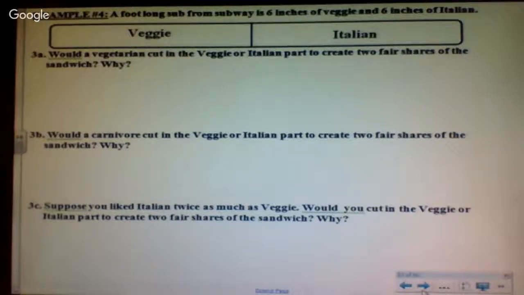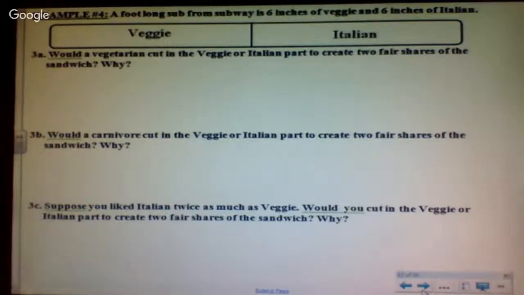Okay. So if I have a sub that is 6 inches of veggie and 6 inches of Italian, if you were a vegetarian, would you cut into the veggie part of the sub or the Italian part? Why? Because you don't eat meat.